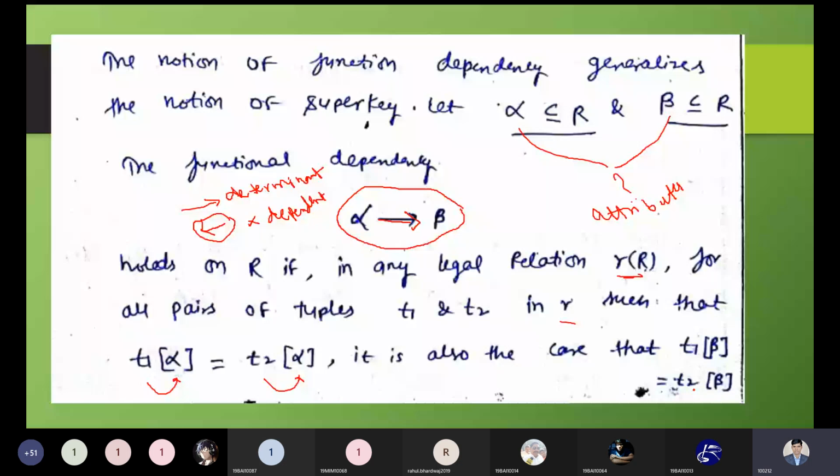The dependency is denoted by this statement.